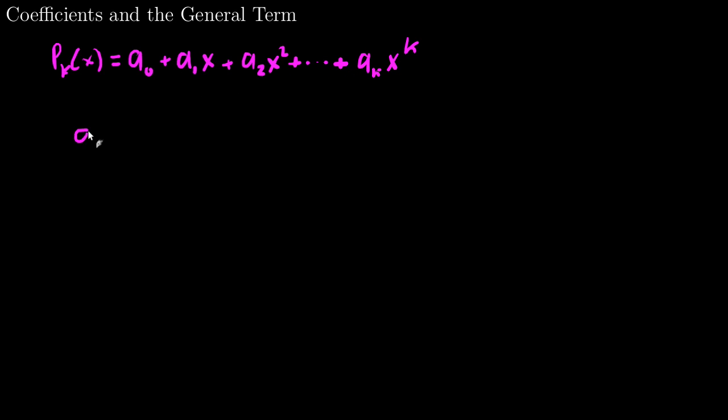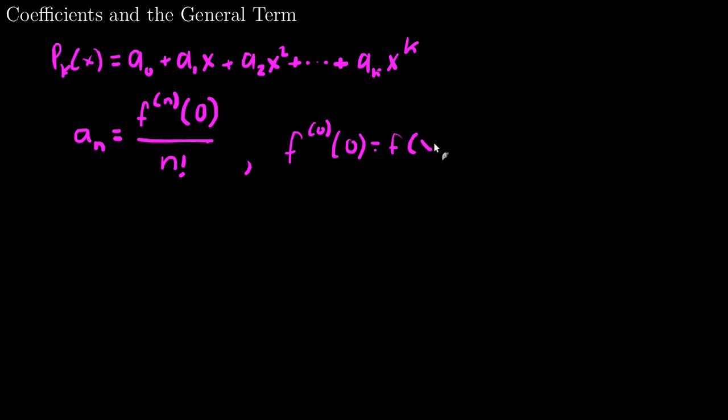So the nth coefficient will equal the nth derivative of the function evaluated at 0 divided by n factorial. Now, let me say here, I mean that the 0th derivative is just the function, the value of the function. That's what that notation means.